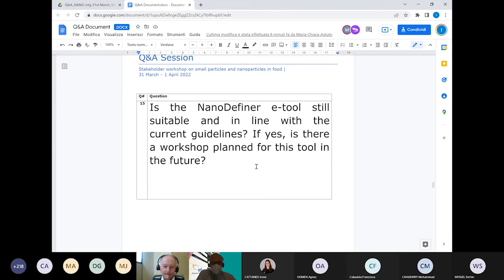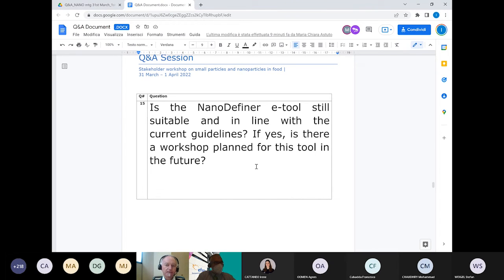Yes, thank you. So first of all, yes, the nano definer e-tool is available. But second, please keep in mind that this e-tool was developed to help the users decide whether a material is a nanomaterial or not, according to the European Commission's definition of nanomaterial.